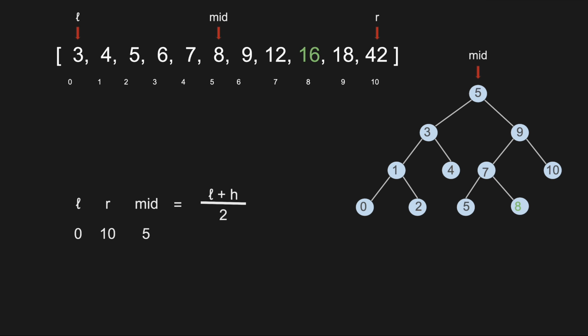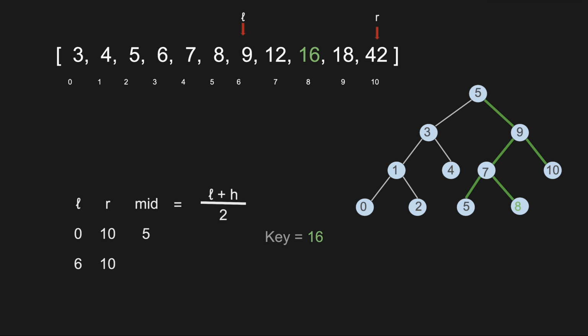Now, since the element at index 5 is not the key element we are searching for, it checks if the key is greater than that value. If it is, then it repeats the same process on the right half of the list or the tree. If the key is less than the value of the middle index, then it searches in the left half of the list or the tree.